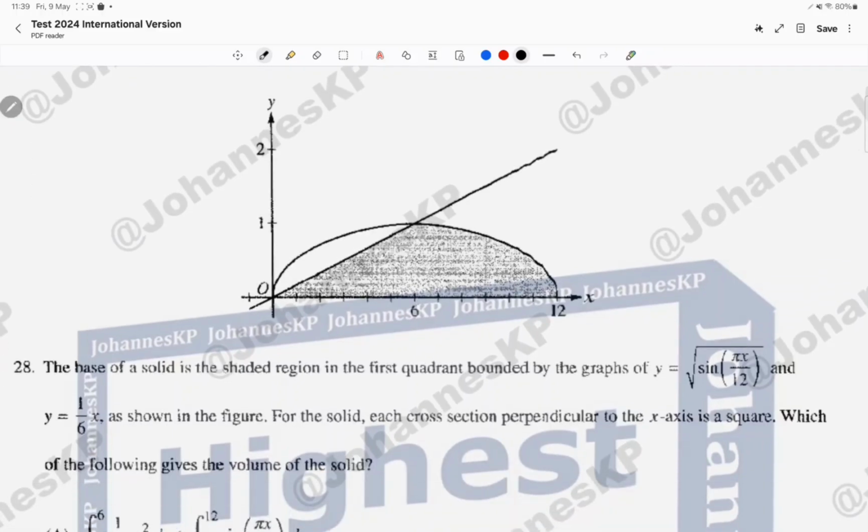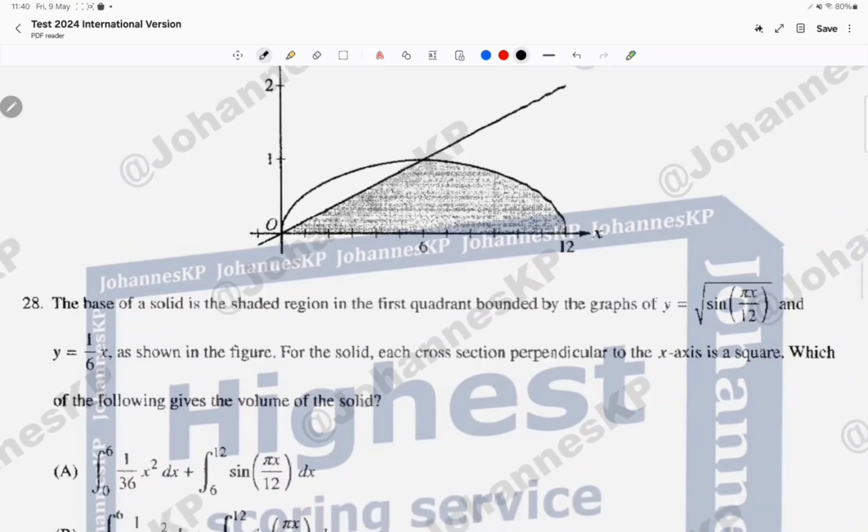Very nice, right? So here we have two shapes, right? What do you think? I think we have two shapes because they're looking for the solid, which is shaded. And so we should separate it from here to here.